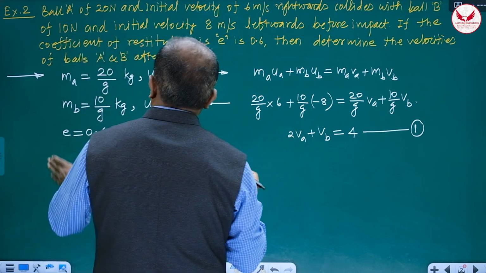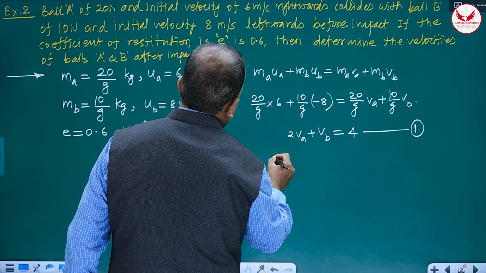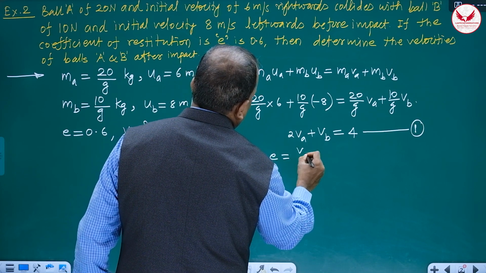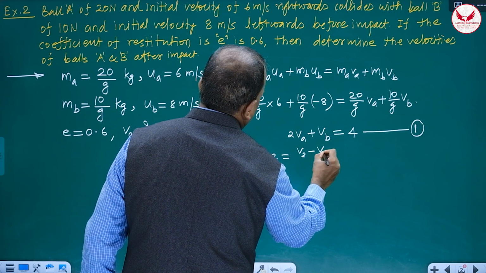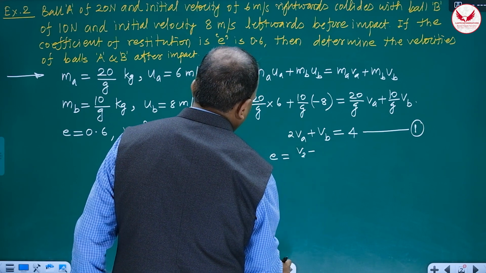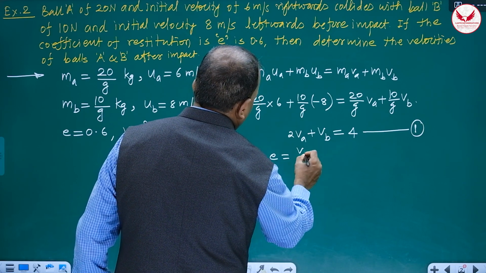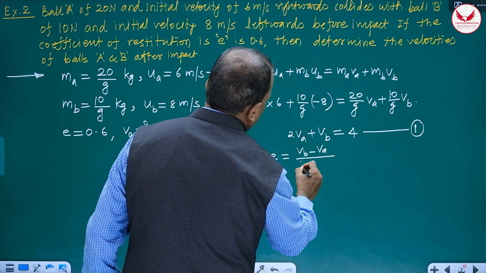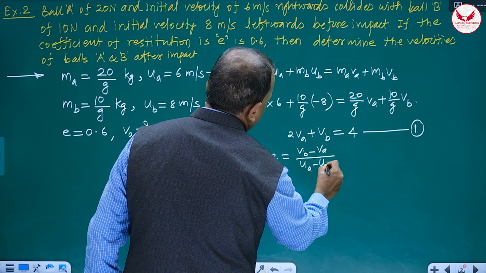And the second is what? From the coefficient of restitution, E is equal to V2 minus V1, sorry, so here A and B are there. So VB minus VA divided by UA minus UB.